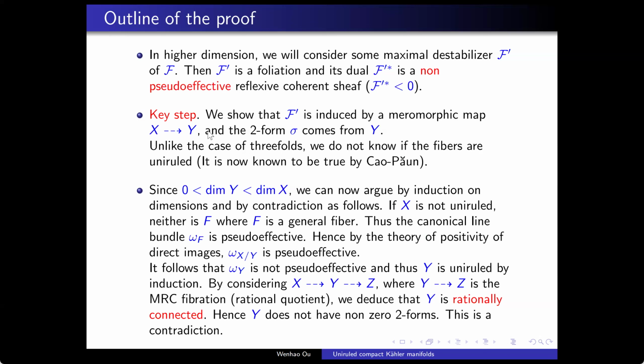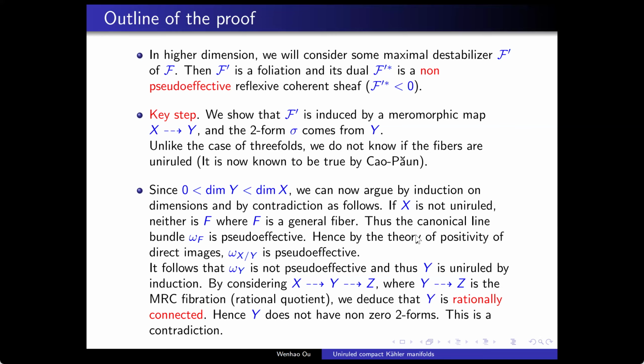One piece is the base Y, which has dimension between 0 and that of X. The other piece is the fiber, a general fiber F of this rational map. Once we have this additional structure, we can use induction by dimension to conclude the uniruled criterion.